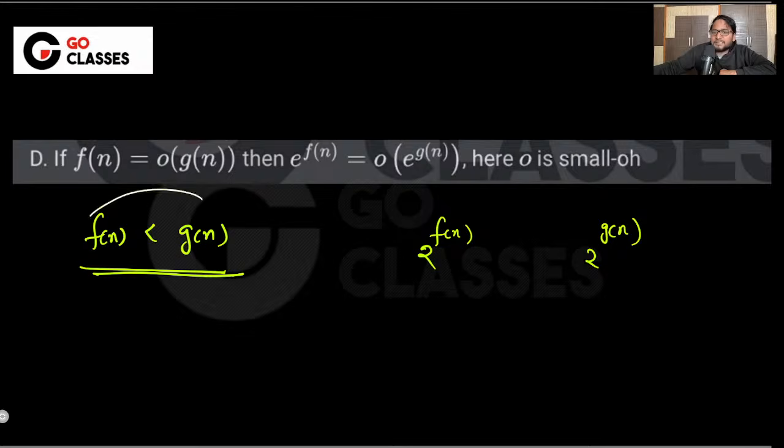If earlier that is the relation, see here the constant can't play some role. Earlier if this is strictly greater, so it has to be, let's suppose, n square, then it can't be just 2n square or something, right? It has to be a function lesser, right? Let's suppose this is n. Then what do you think? I want you to answer this question. What do you think will happen now?